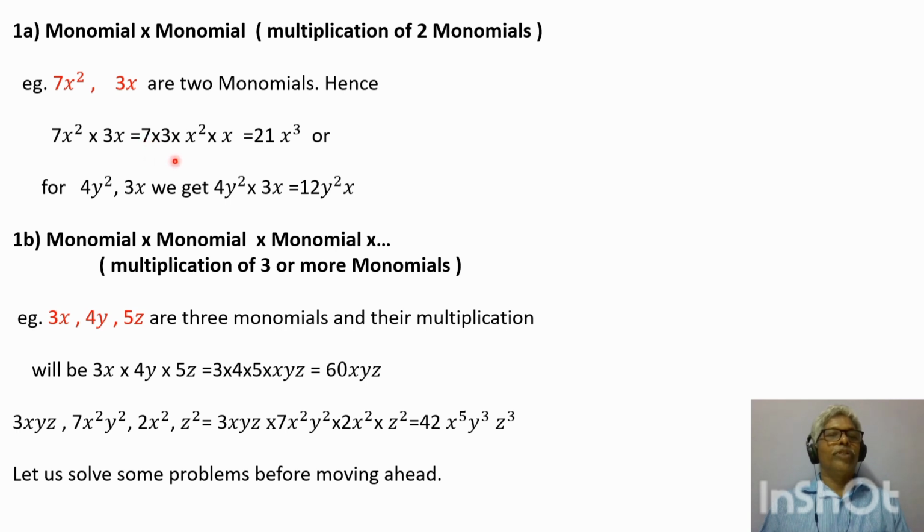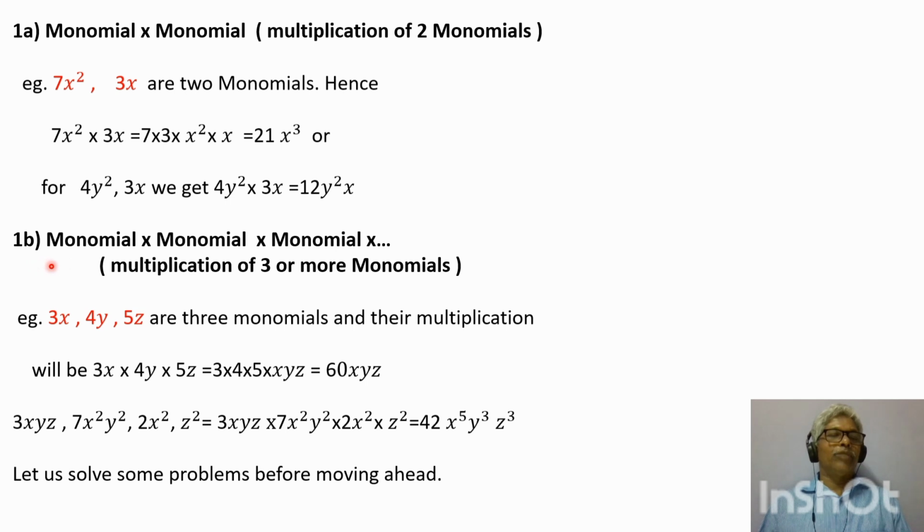So 7 into 3 into x square into x equals 21x cube. Or consider another one, 4y square and 3x. You multiply the numeral values, 4 into 3 is 12, into y square x. So this is very simple, multiplication of two monomials.